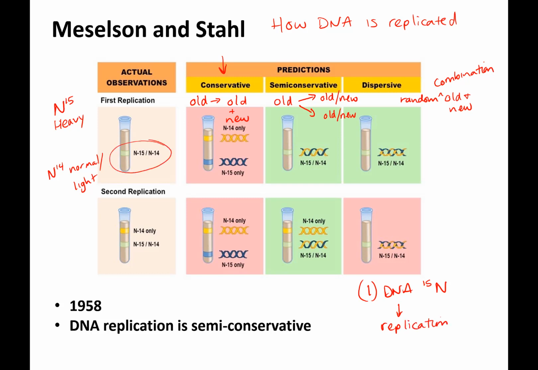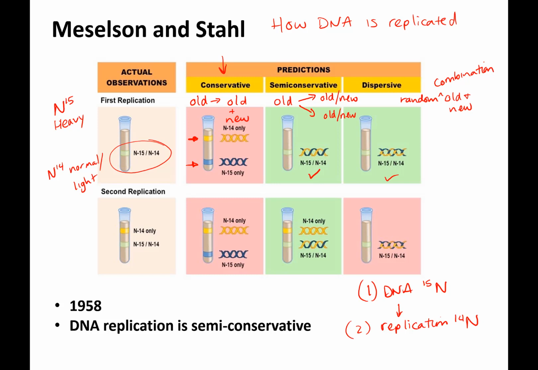And what they observed was that the DNA was a mix of heavy and light. So that meant that you could either have semi-conservative or dispersive DNA replication. If you had conservative, you would have had a band of light DNA and a band of heavy DNA. Oh, and I should say, this replication happened in the presence of the light nitrogen, so that you're switching isotopes, which allows you to follow these molecules.